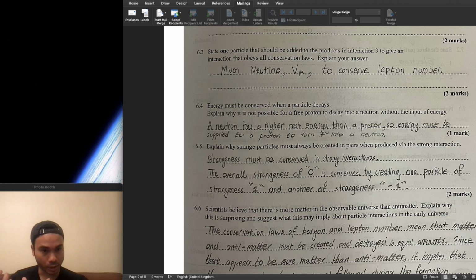Okay, so that's why they always have to come in pairs, where the strange particle and the anti-strange particle cancel out in terms of their strangeness.